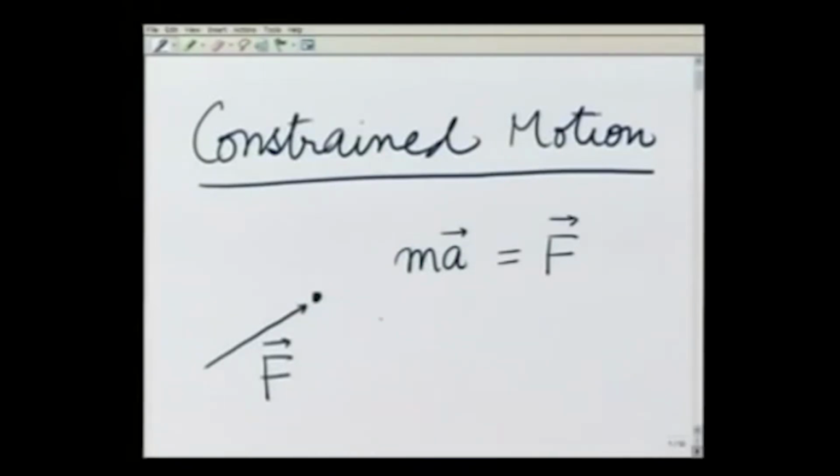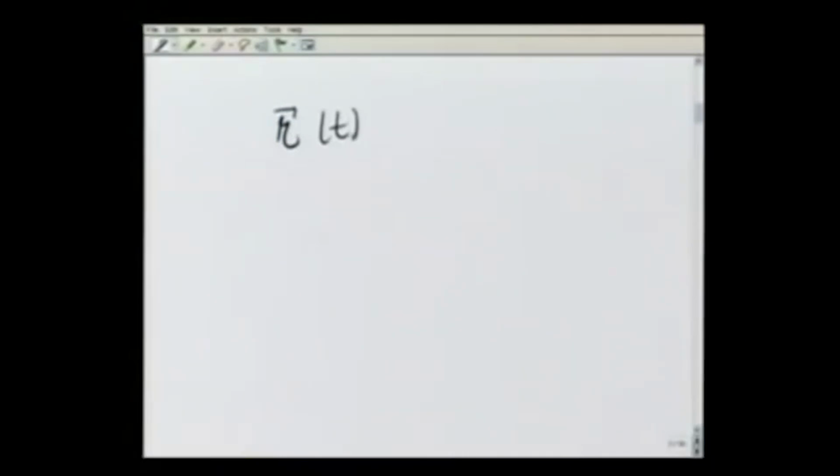Written in terms of its coordinate, I can write this as m r double dot equals F, where double dot denotes the second derivative with respect to time. Of course, if the particle is free to move, that means it can go anywhere, then I solve this equation and get r as a function of time given a force.